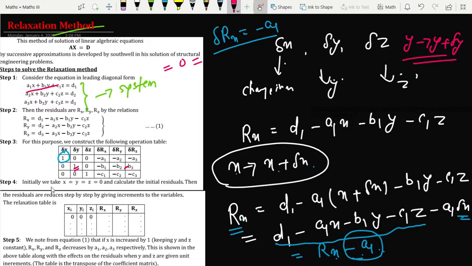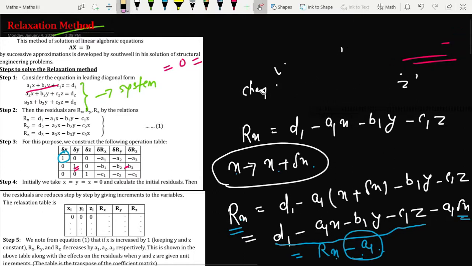Step 4. Initially, we take x, y, z equal to 0 and calculate the initial residue. So to find the values of the variables by using a relaxation table, we first consider the initial values, and the initial values are given by 0, all variables equal to 0.